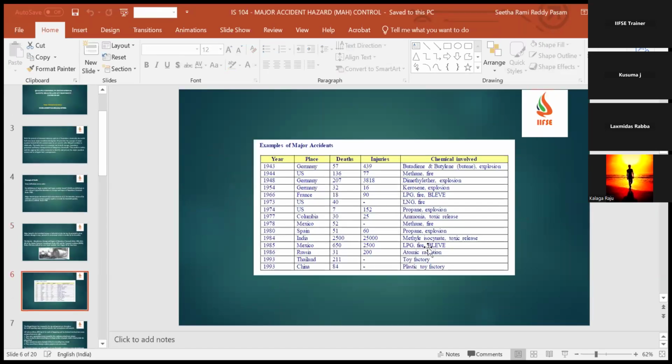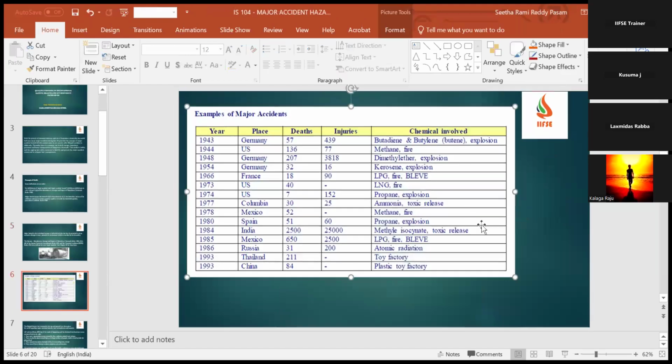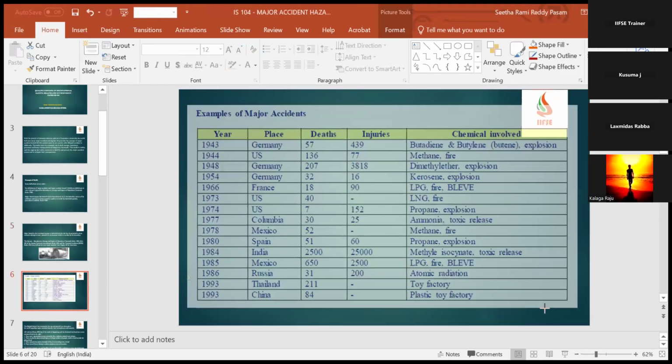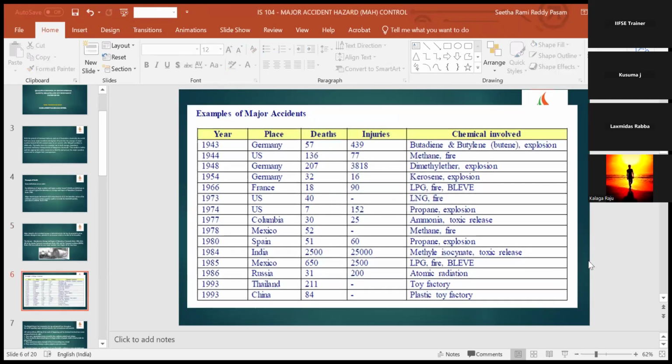These are just a glimpse of major accidents which have happened worldwide, and their statistics. If you see in India in 1984, 2,500 and 25,000. Sorry, I am mistaken. 2,500 is the death cases and 25,000 is the injury cases. The chemical involved is methyl isocyanate. It was a toxic release.